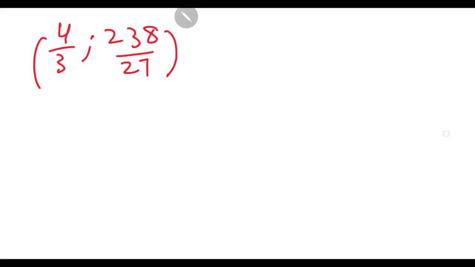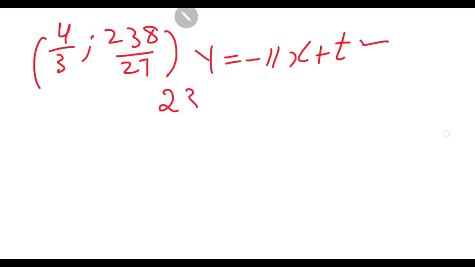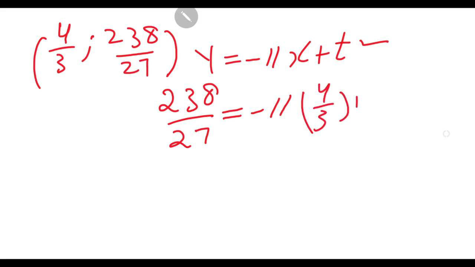Now, y is equal to negative 11x plus t. Now we substitute into this equation to find the t value. 238 over 27 is equal to negative 11 multiply 4 over 3 plus t.